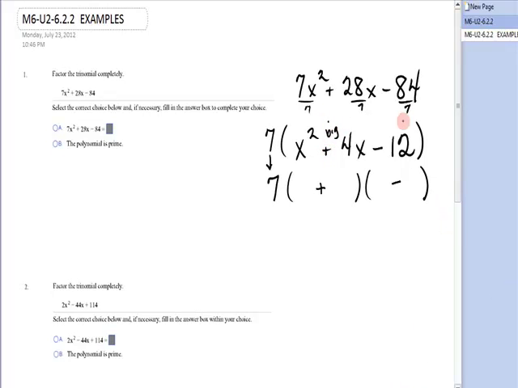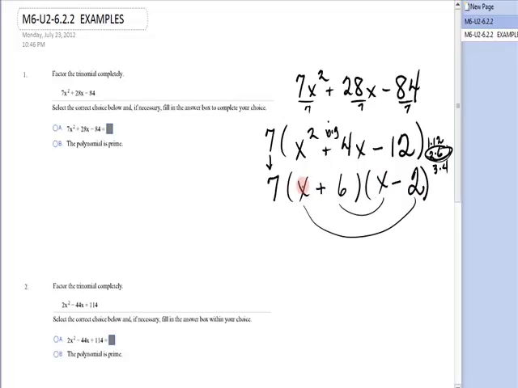So 12 could be 1 times 12, or 2 times 6, or 3 times 4. I have to try to get an outer and inner difference to be 4. Well, 2 and 6 have a difference of 4. The big number, which is the 6, goes in the plus. The smaller one goes over here in the minus.